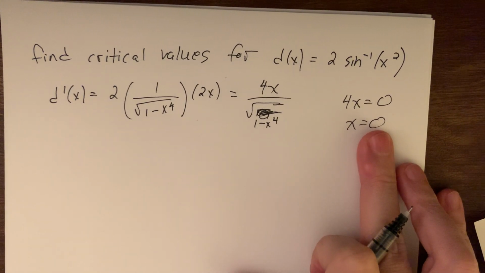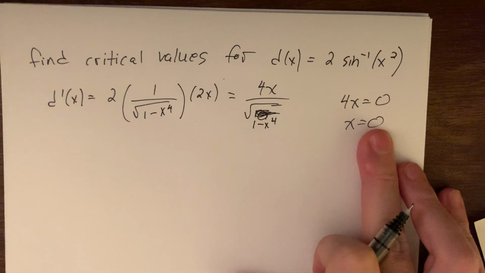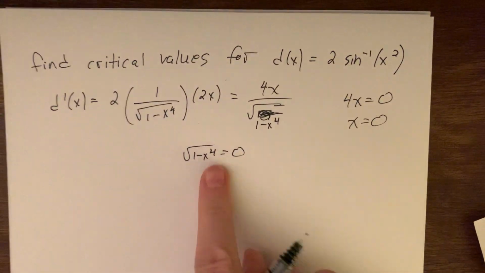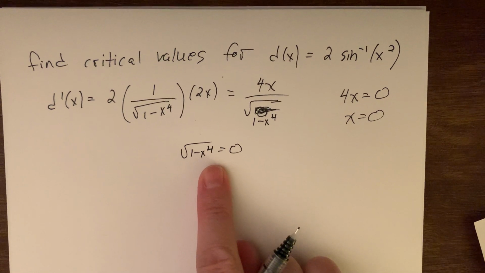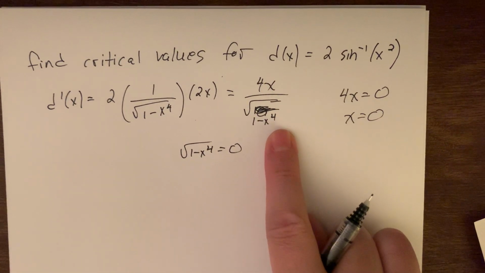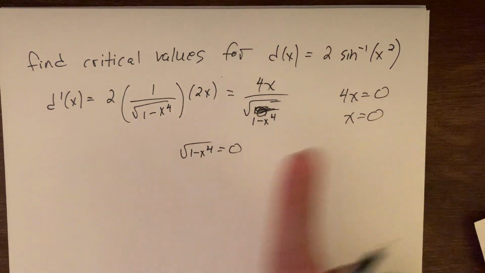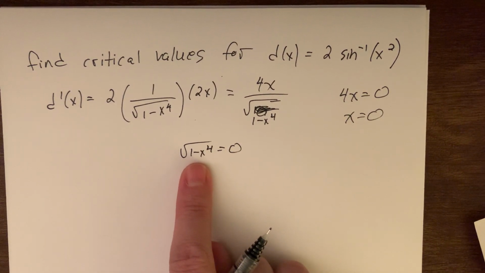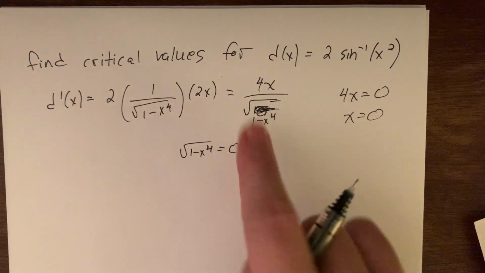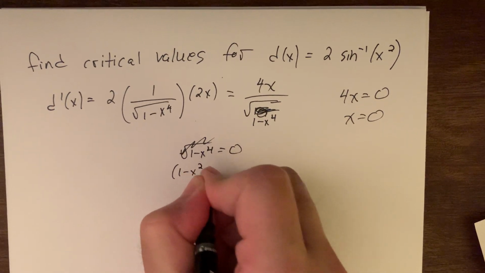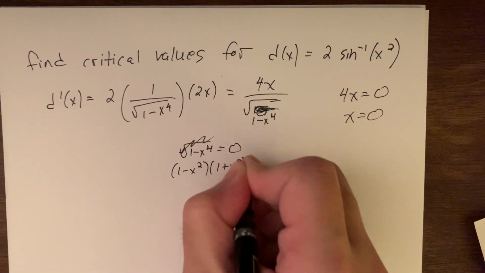But when does the derivative not exist? When is the derivative undefined? When the denominator equals 0. So again, combining that into one fraction made this a lot easier: top equal to 0, quick answer, bottom equal to 0. Well, this is a little bit tougher. Some of us square both sides, but 0 squared is still 0. And now we're factoring. 1 minus x squared, 1 plus x squared.